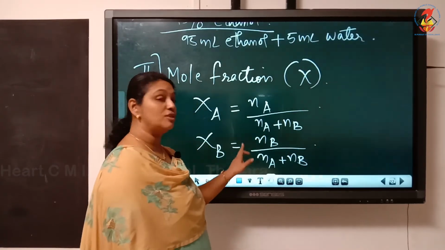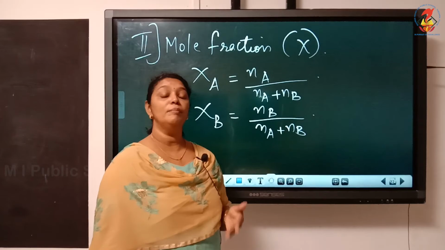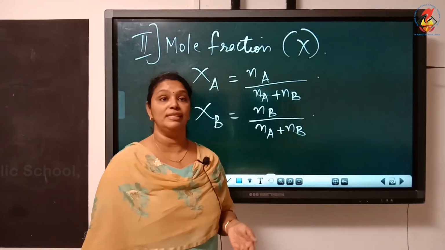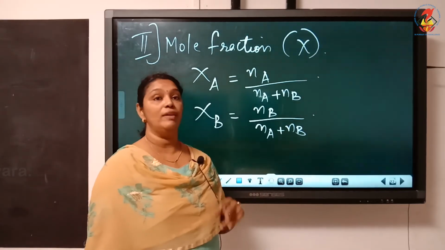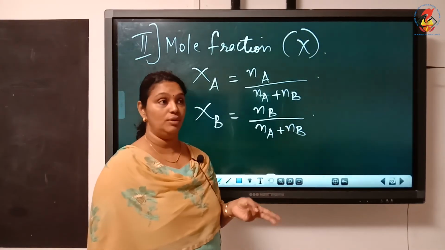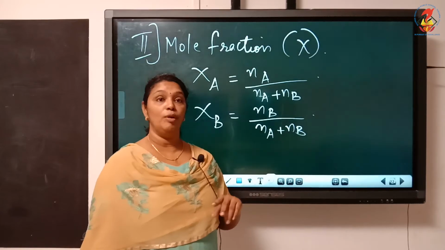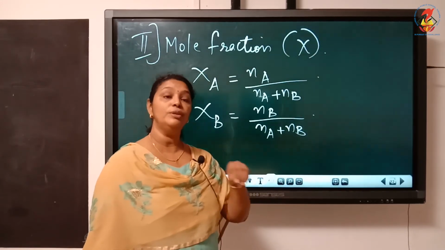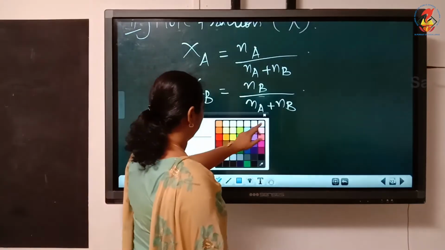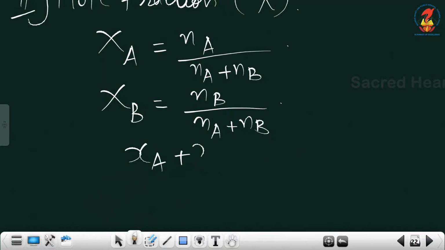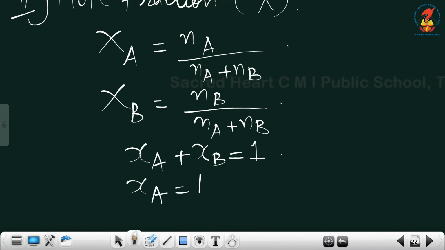Now in a binary solution, we can say the sum of mole fraction of all the components is equal to 1. Binary solution means we have only two components, solute and solvent. So in a binary solution, the sum of mole fraction of solute and solvent is equal to 1, that is XA plus XB is equal to 1, or XA, if you know XB, is 1 minus XB.